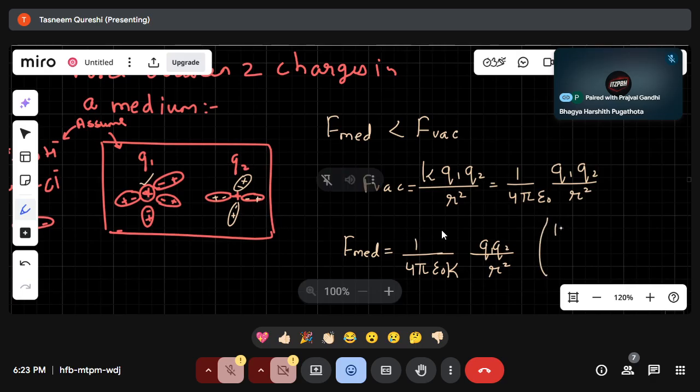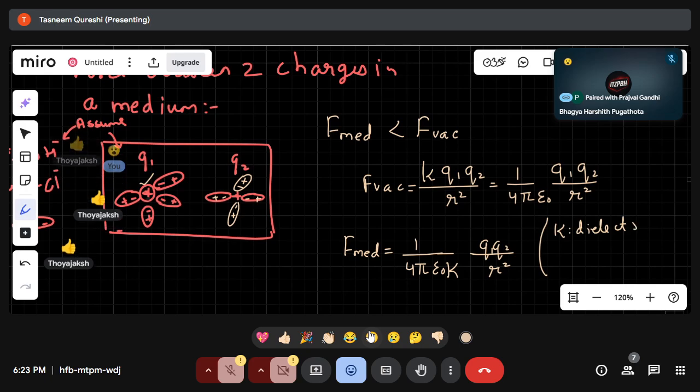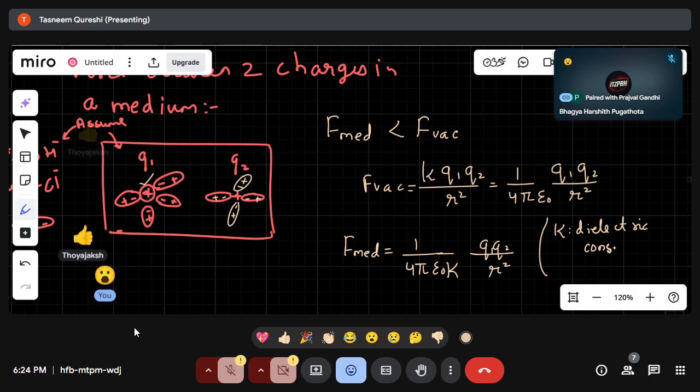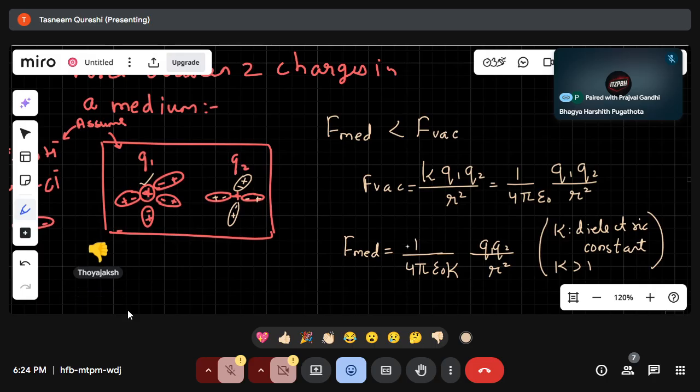Capital K is called dielectric constant. Later on we will study dielectrics when we study capacitors and all. So your capital K is called dielectric constant, and this capital K's value is always greater than 1.